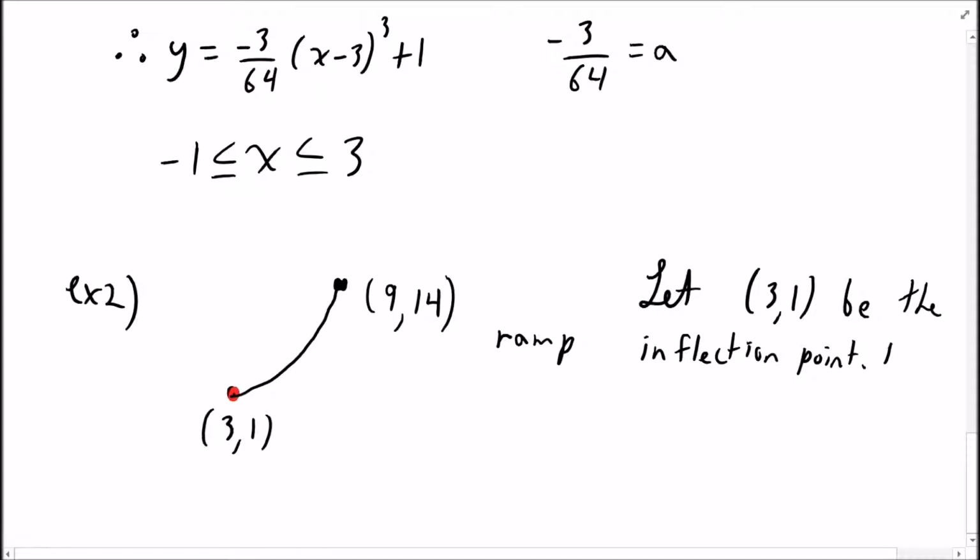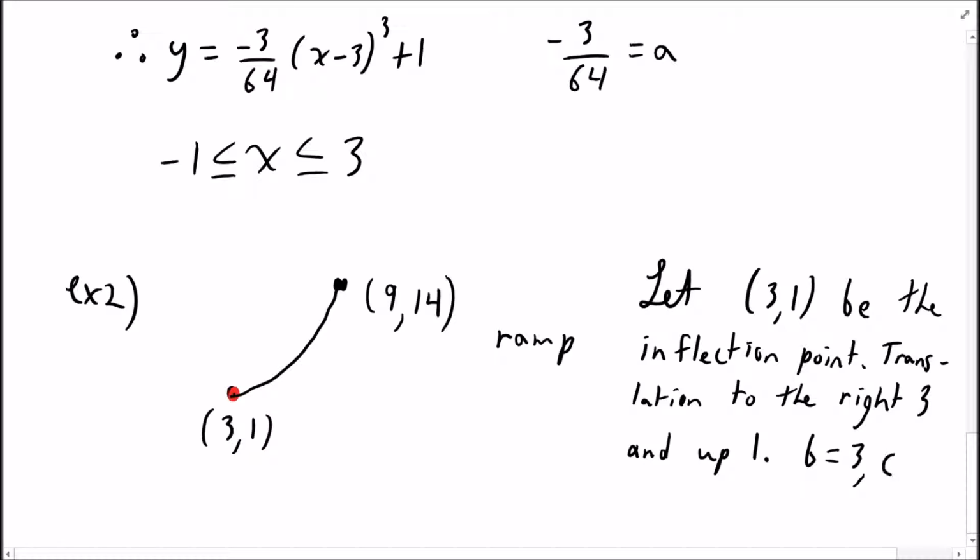And if it is, that means we've got a translation to the right 3 and up 1. If we've got a translation to the right 3 and up 1, therefore we know what the shift is already. b is equal to 3, c equals 1.